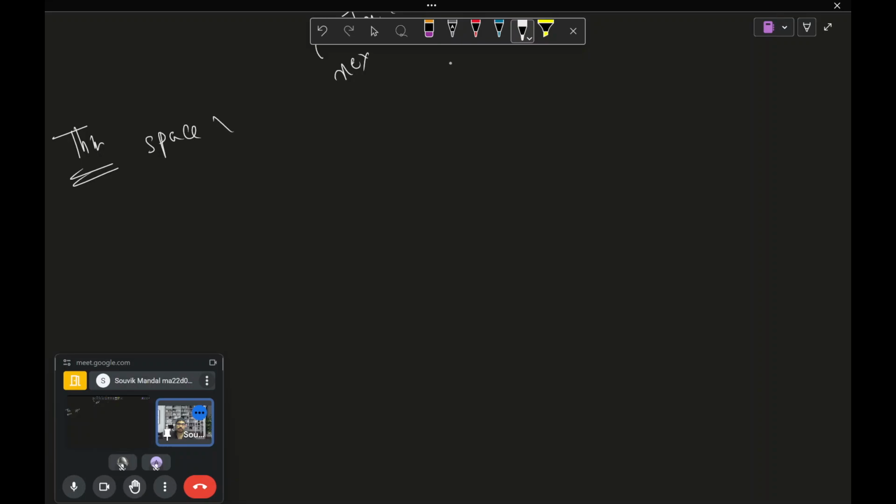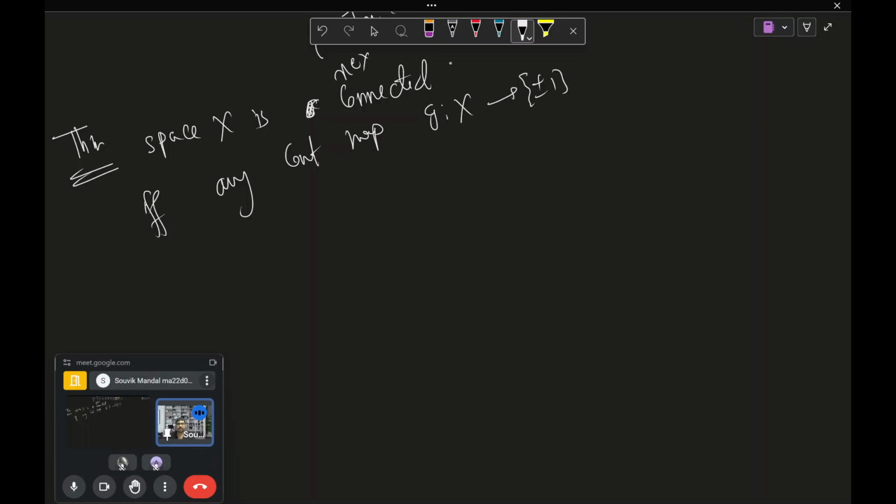A space X is connected. Suppose a space X is connected if and only if any continuous map g from X to a 2-point set is constant.